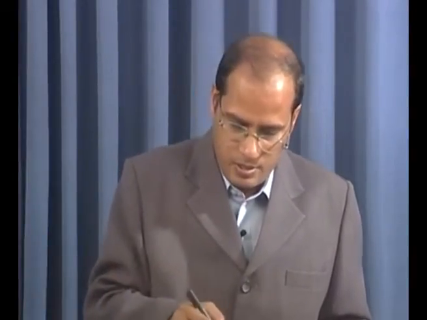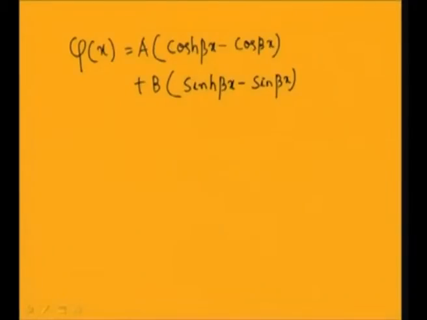Now, substituting the other two remaining boundary conditions: at x equal to L we have two boundary conditions, shear force equal to 0 and bending moment equal to 0, from which we obtained this equation. The second derivative of ψ with respect to x, corresponding to the bending moment at x equal to L, equals 0.